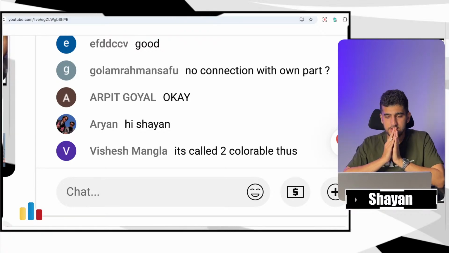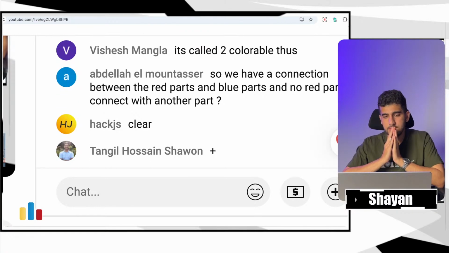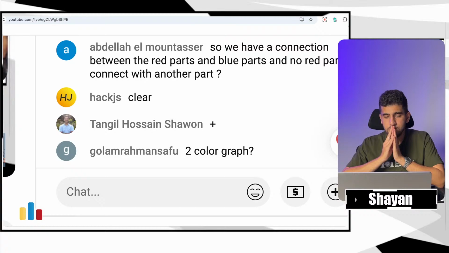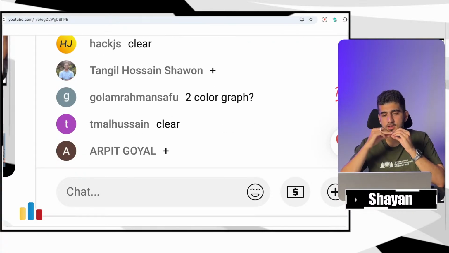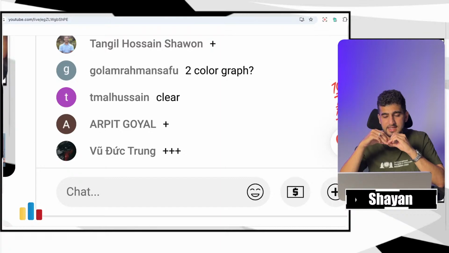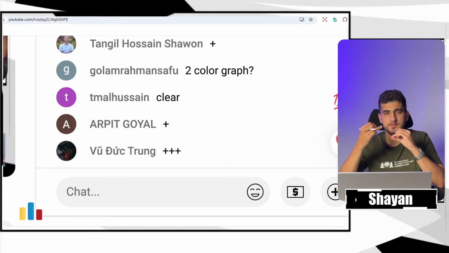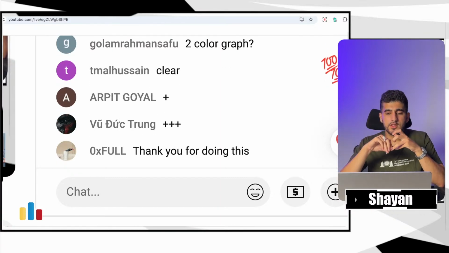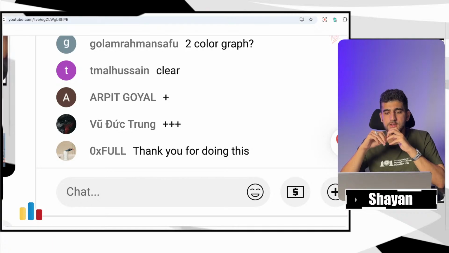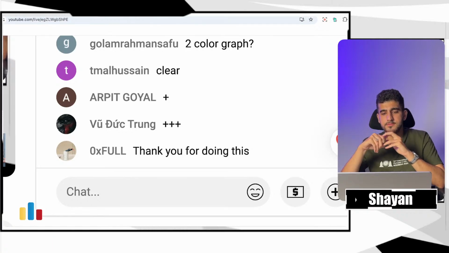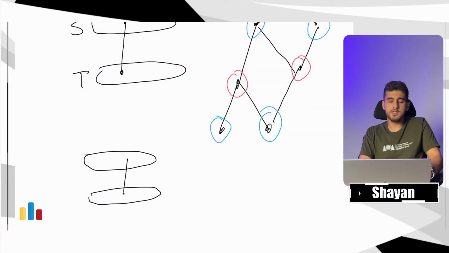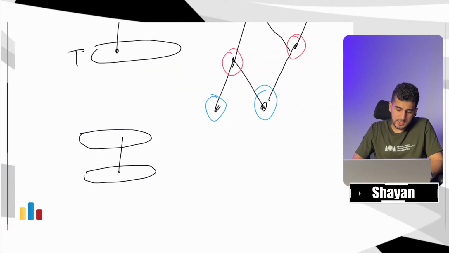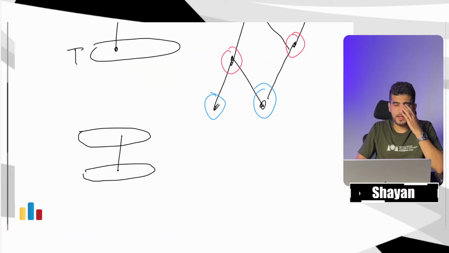Yes, it's called also two color. So you want to put two colors such that each vertex only has an edge to the other color. Okay, nice. You're welcome. So yes, each of the vertices should only have edges to the other color.